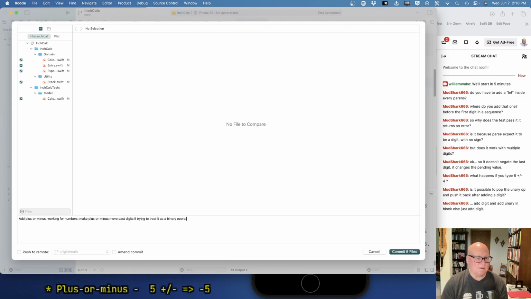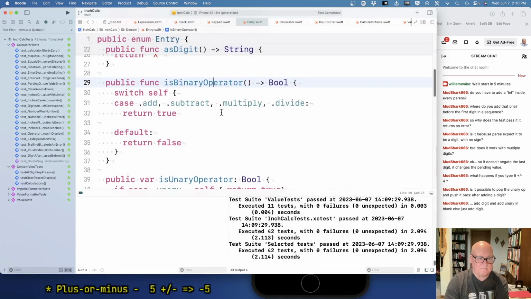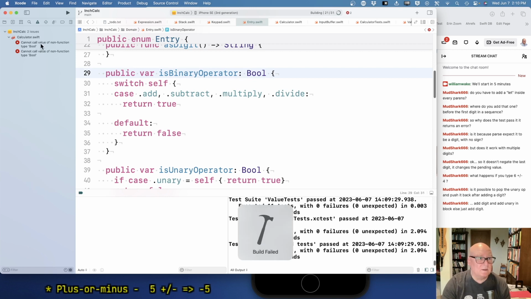As a binary operator. Okay. Right. Okay. This I'm going to make into a var as well. Compiler will tell me where. There were a couple.